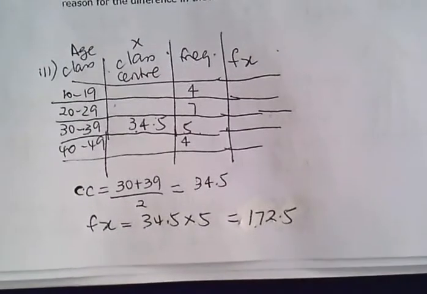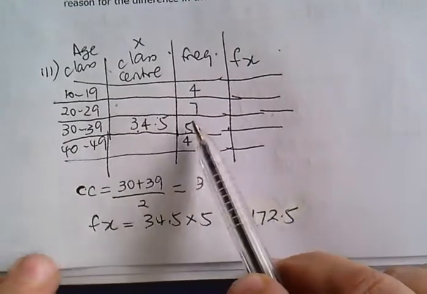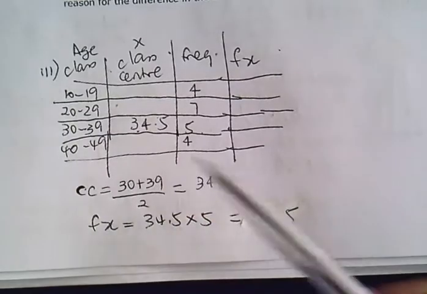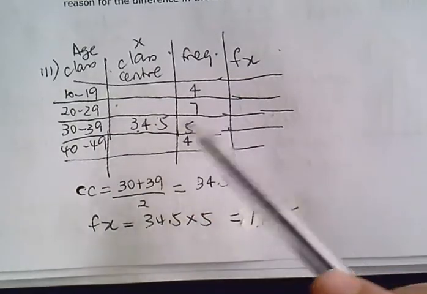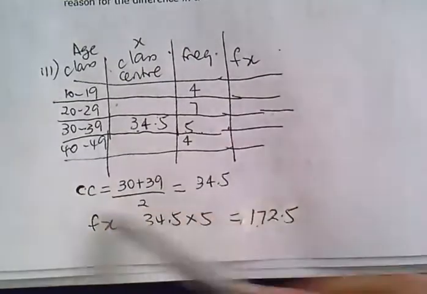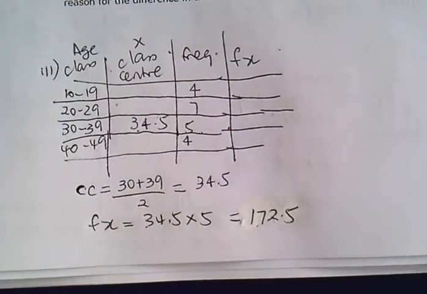Frequency distribution table averages are not exact. All they've said is there were 5 people aged 30 to 39, and we're going to pretend that all 5 of them are 34.5 years old. Do you get it? That's how you do it in the grouped distribution table. But that's not the case.